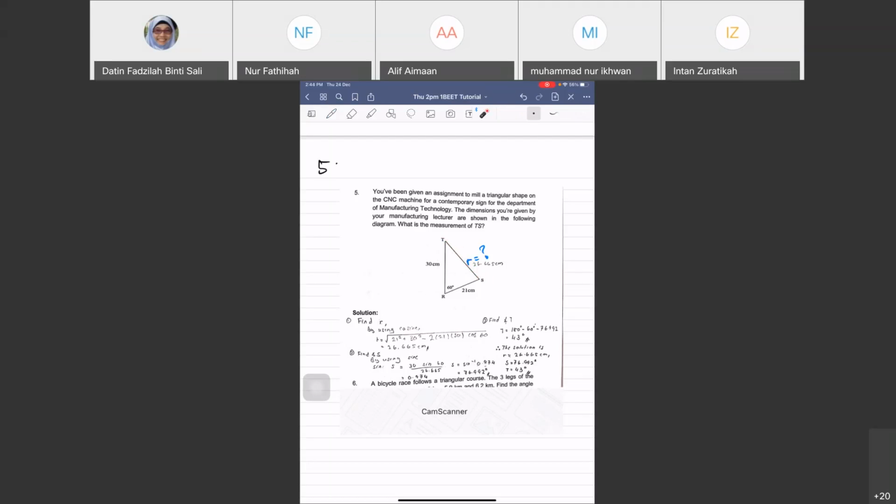In a non-application question, you are given a triangle ABC, A equals that, B equals that, this angle equals that, solve the triangle. Solving a triangle means you find all the missing lengths and missing angles. But because this is an application question, it is not saying solve the triangle. It's an oblique triangle and straightforward. They want the measurement of TS, just this length.